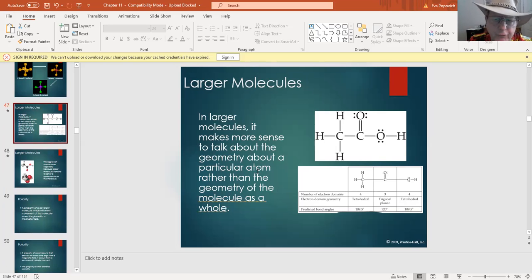How many center atoms do I have? 3. I've got the far left carbon, the carbon that's in the center here, and this oxygen. There's 3 center atoms. So what's the geometry, Cassidy?